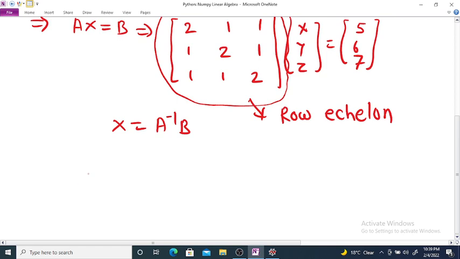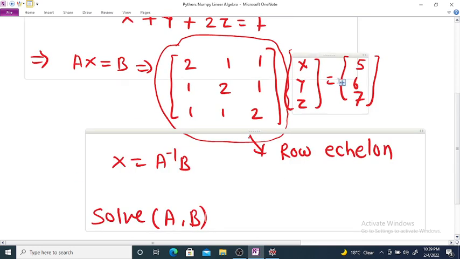Since we are going to use Python here, if you apply solve(A, b), you will get the list of solutions containing the values of x, y, z.